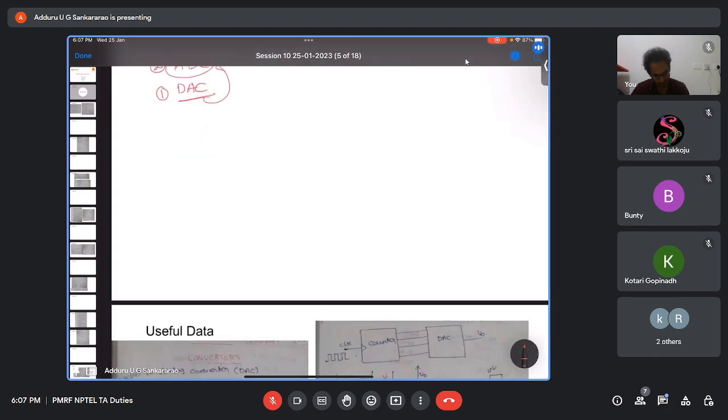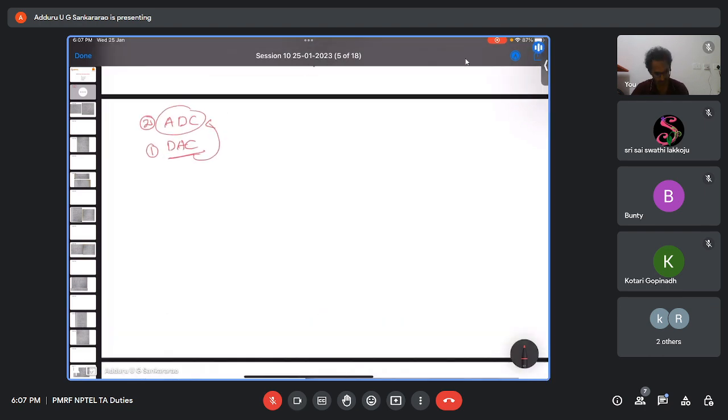If you have some continuous signal and want to convert it into bits, we cannot directly convert the signal into bits. The analog to digital converter takes an analog signal, and the output is bits.